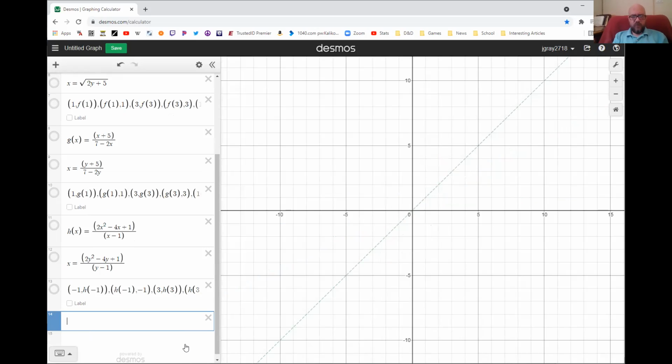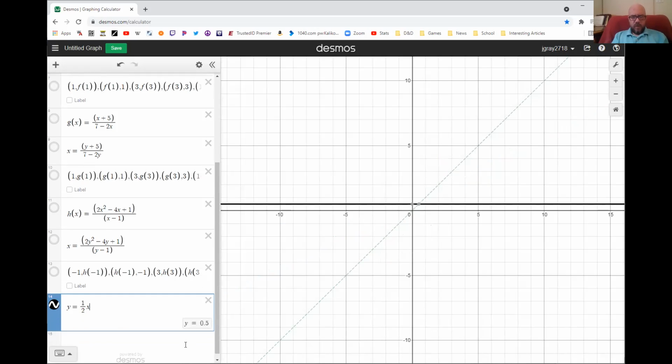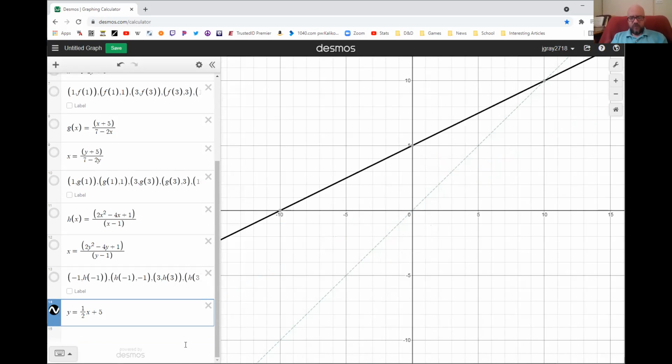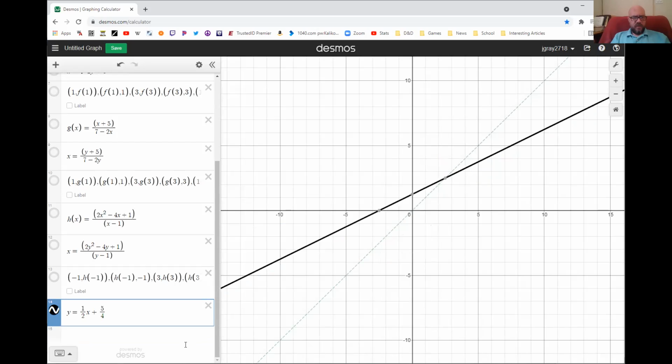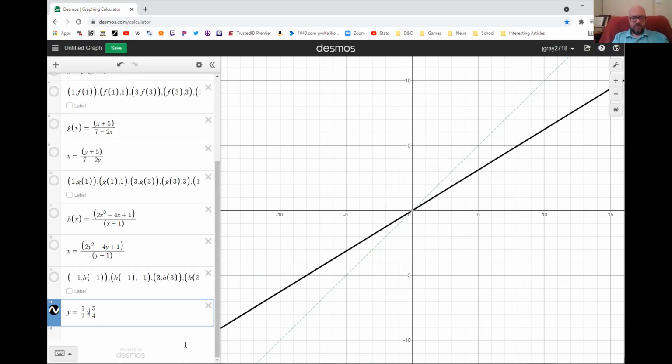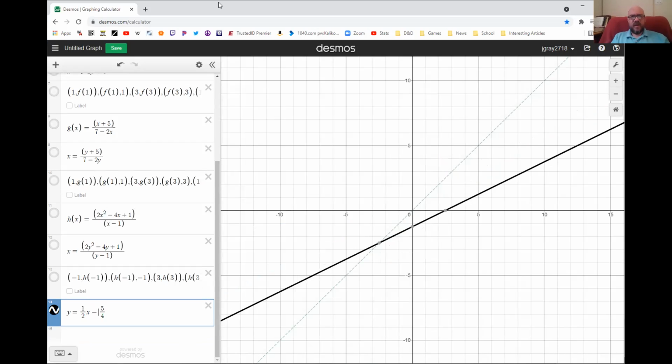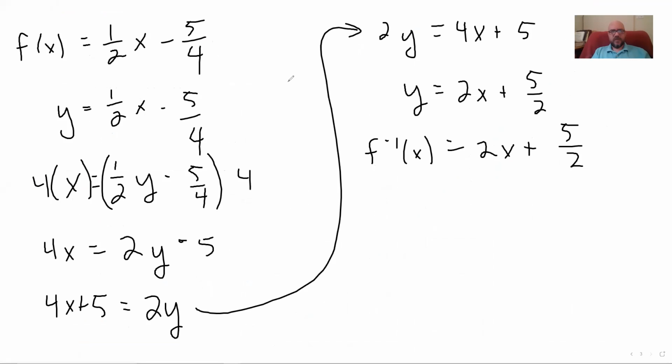So here we have y equals 1/2 x plus 5/4. Was it 5/4? I did minus 5/4, right? I don't remember. I'm sorry. I'll have to flip my share back to the whiteboard. It was minus 5/4.